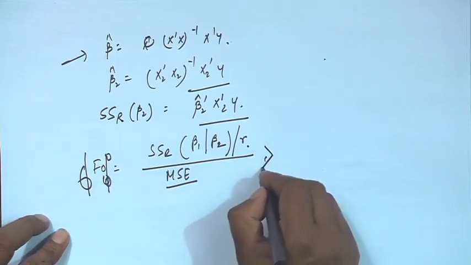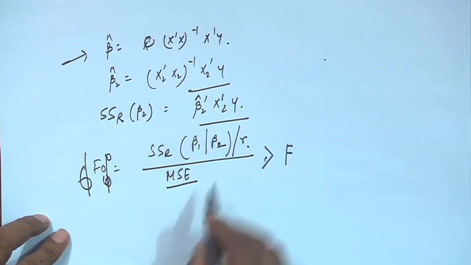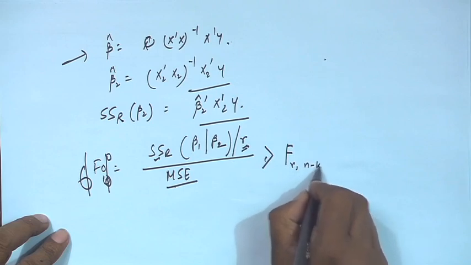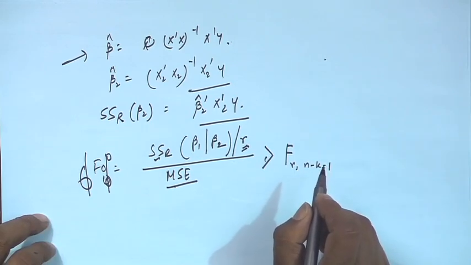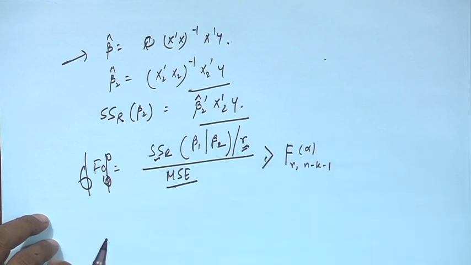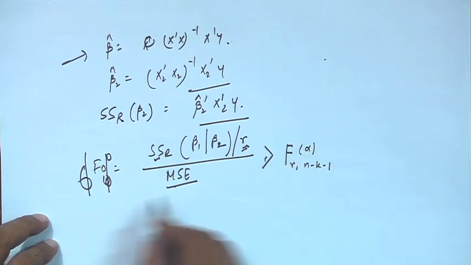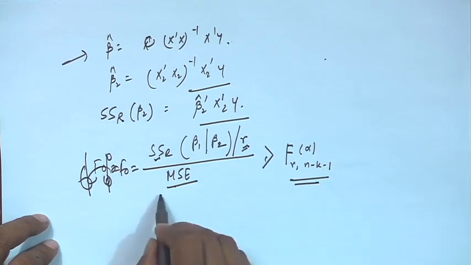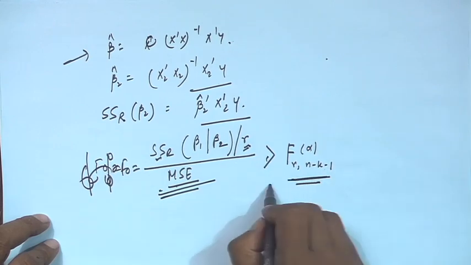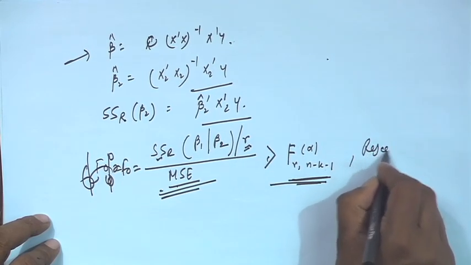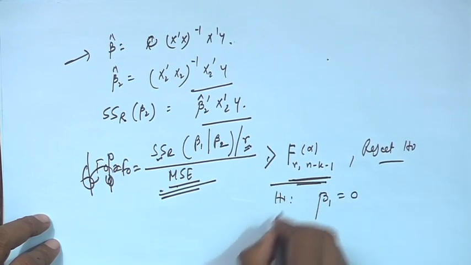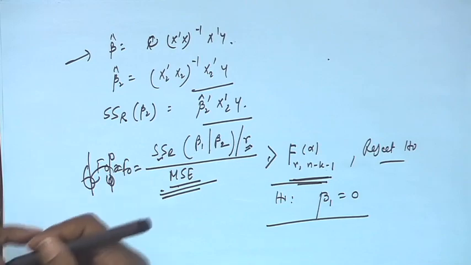So, if this is greater than F, what is the degrees of freedom numerator? r. Degrees of freedom denominator: n minus k minus 1, or n minus p. And if we take an alpha significance level, if F0 equal to this is greater than this, reject H0. That means we have considered that beta 1 equal to 0, which is not correct. That means those variables are contributing.